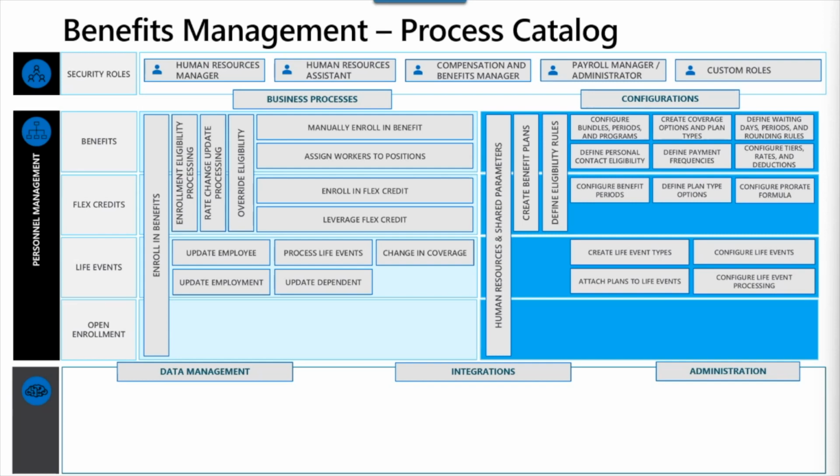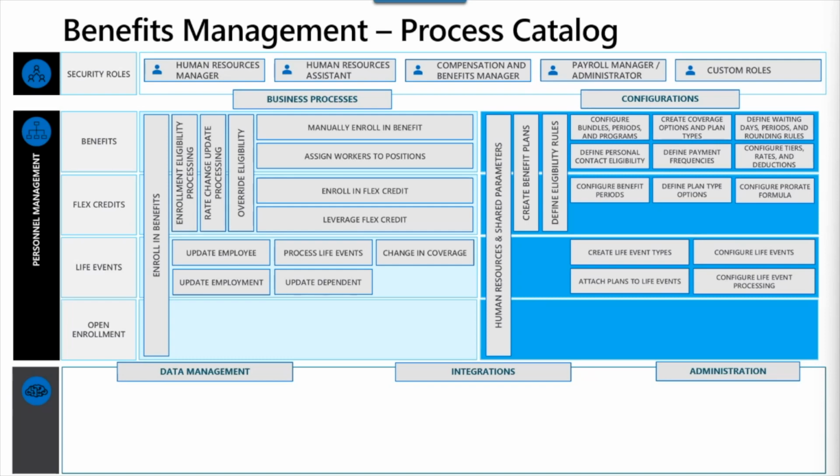And before you can process life events, you must already have run the open enrollment at least once during a hiring timeframe. A worker does not need to select a benefit plan in order for life events to be processed, but they need to have been included in open enrollment processing.